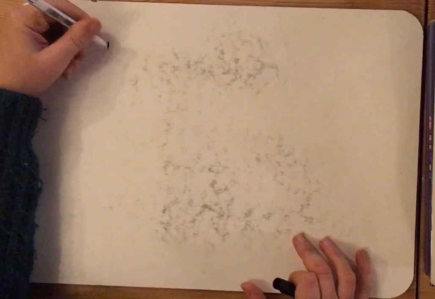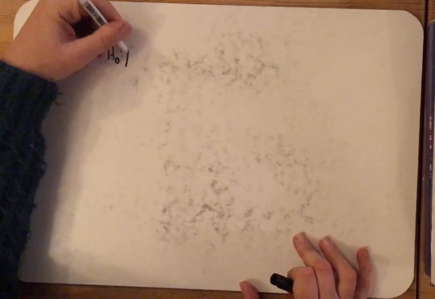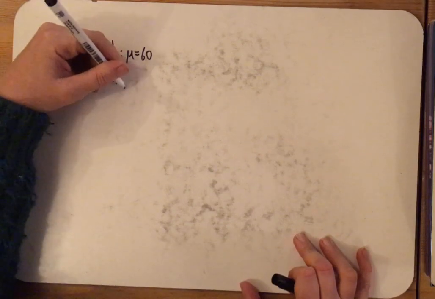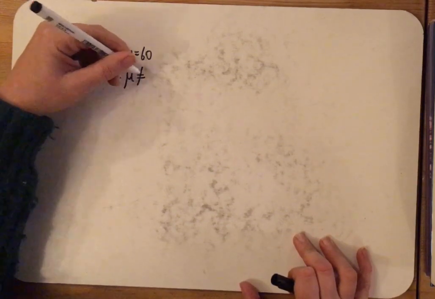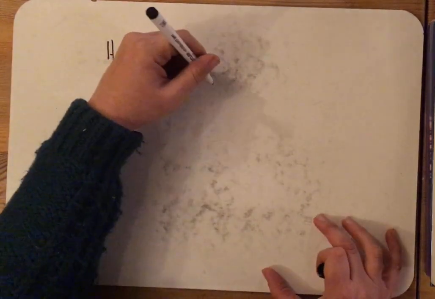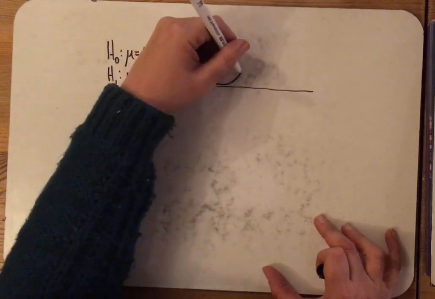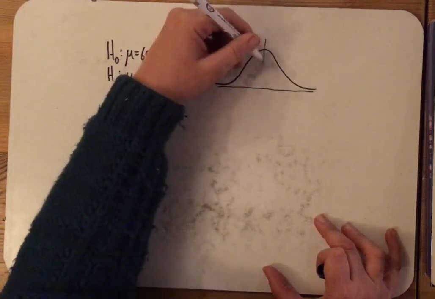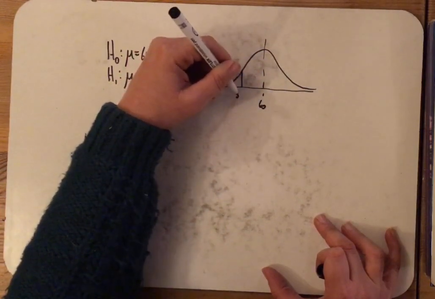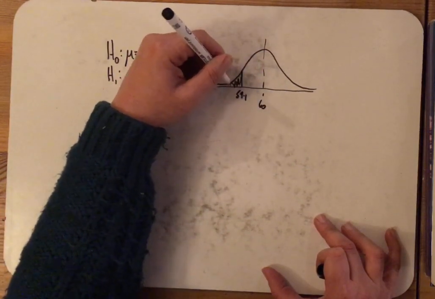If it's a two-tailed test, just to remind you, your null would still be that the mean is 60, and then the alternative is that the mean does not equal 60, and then you would perform the same test, but this is where you really need that sketch, because you need to know which side of the mean you are. So I'm just going to do exactly the same one, but with a two-tailed test.